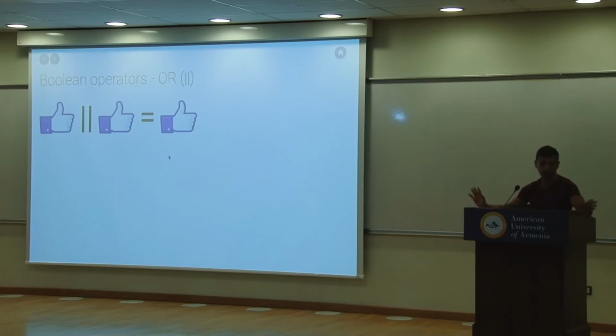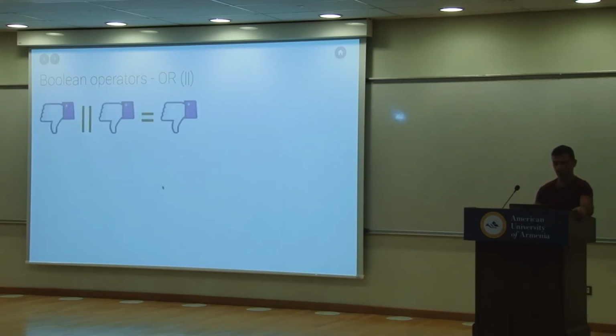Or both of them are true, that's also true. So the only time it's going to be false is if both sides are false. So, one side is true, so it's true, right? Both sides are false, only then is it false. Fine?